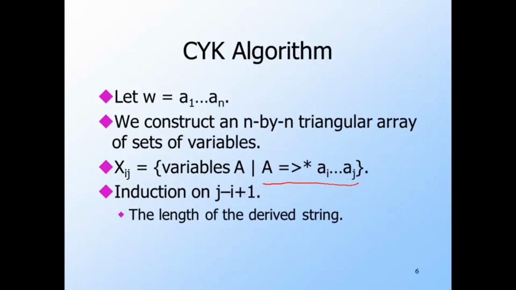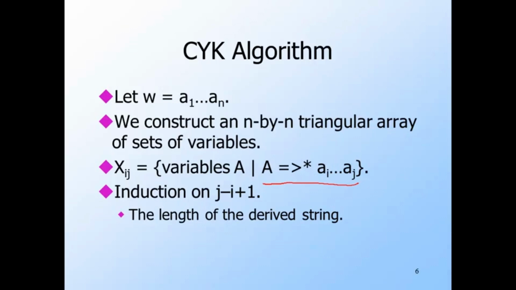So we start by computing the entries X_ii, which is the set of variables that derive the string consisting of the one position a_i. From these we can find the X_i,i+1s, each of which is the set of variables that derive the string a_i followed by a_i+1.